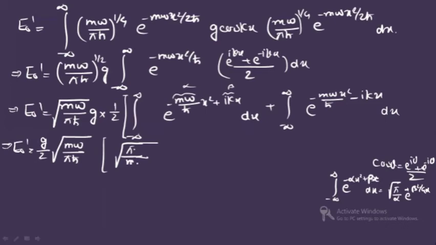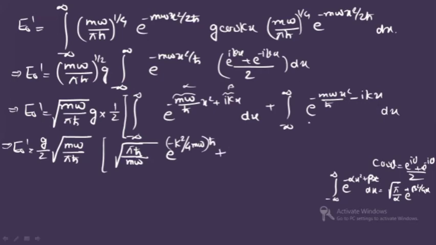So if I write here m omega and I'm taking h cut to the numerator, this is root over pi h cut by m omega, e to the power beta square. Beta square is ik whole square, which will be minus k square, divided by 4 alpha. So 4 alpha means again alpha is m omega by h cut, so this is multiplied with h cut, right?